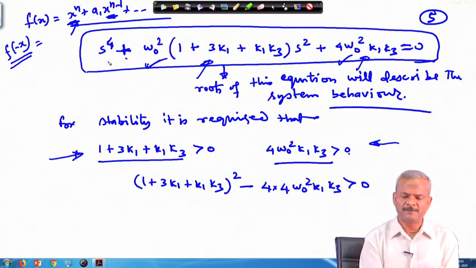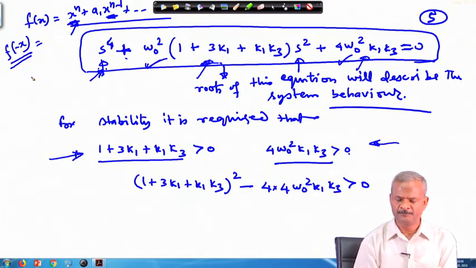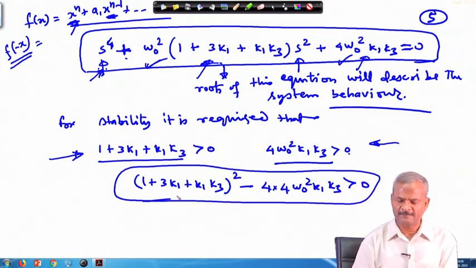Here it so happens that if you put s equal to minus s, only in these two places does anything change in this equation. So this simply implies that if these are positive, there are no roots in the left half complex plane. So purely imaginary roots exist in this case, and moreover this condition must be satisfied.